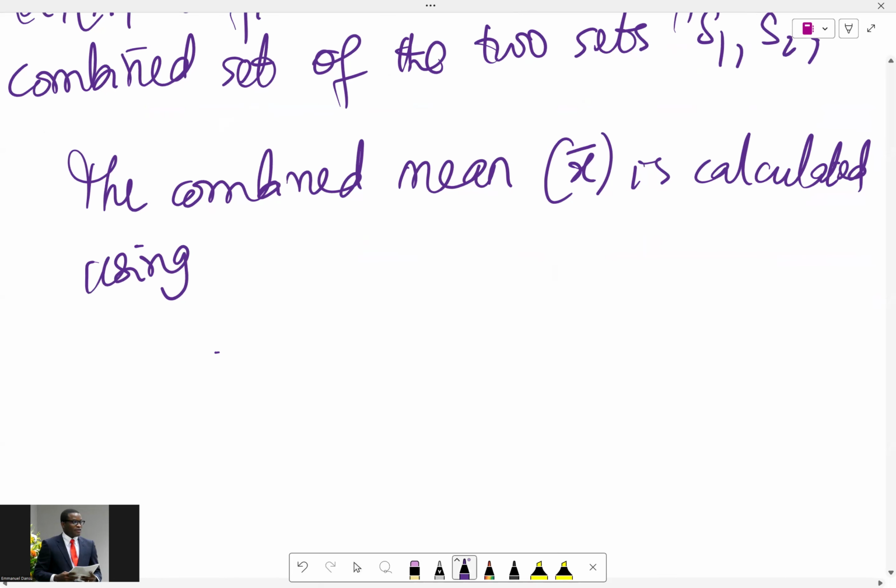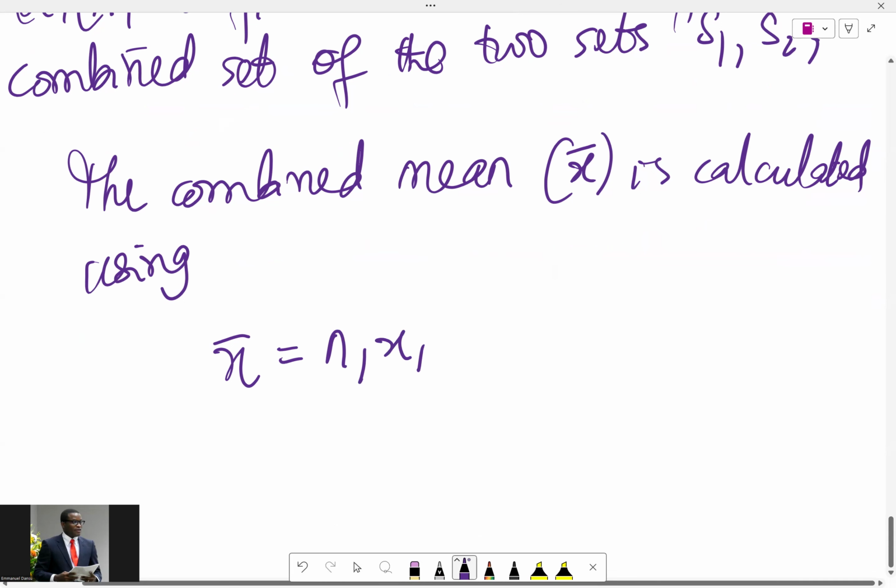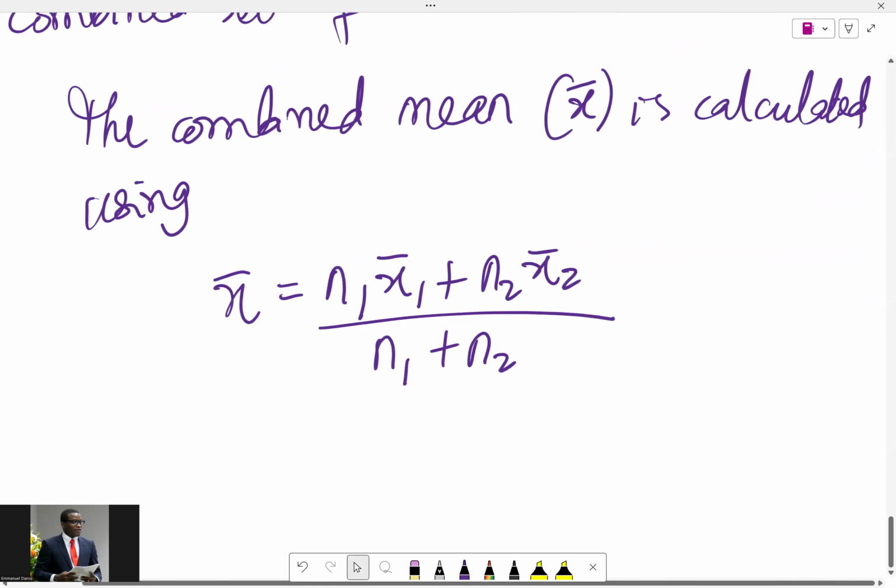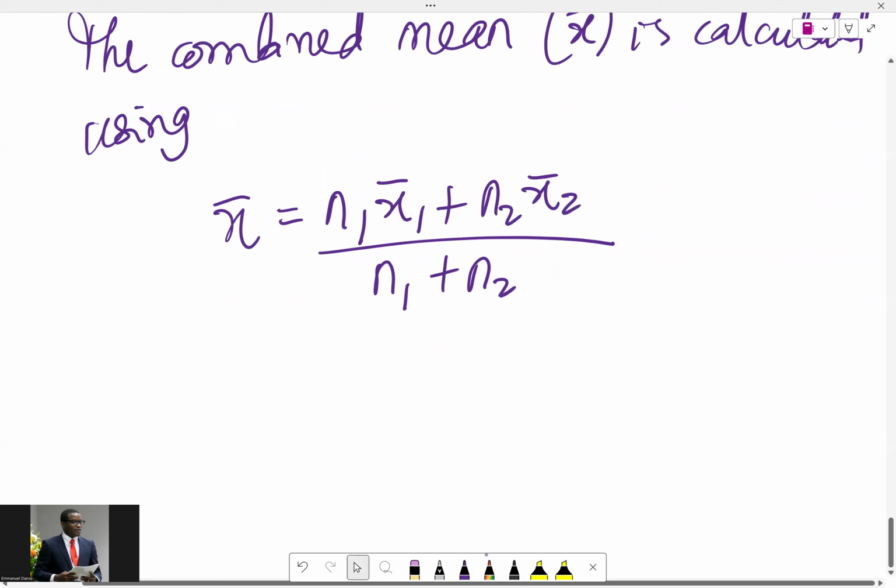The other option is to do everything again from scratch using all the numbers together. But here we can just have N1 X1 bar plus N2 X2 bar, since we already have those, divided by N1 plus N2. So we just need to bring back all those values and use them.